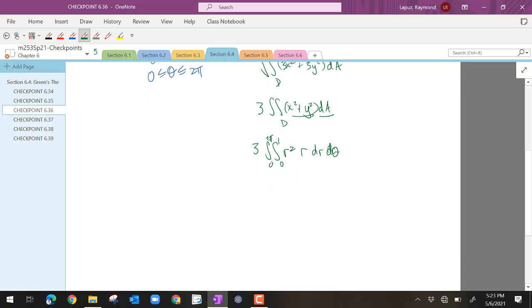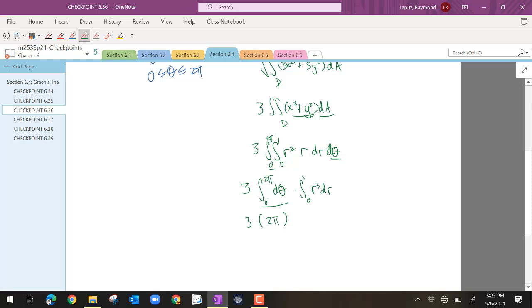All right. So we have a 3 on the outside. Theta is independent of the integral inside, and so I can just do that integral separately and do a multiplication. Our integral is just going to be r cubed, and so we have a 3. This whole thing is just going to be 2 pi when we integrate that.